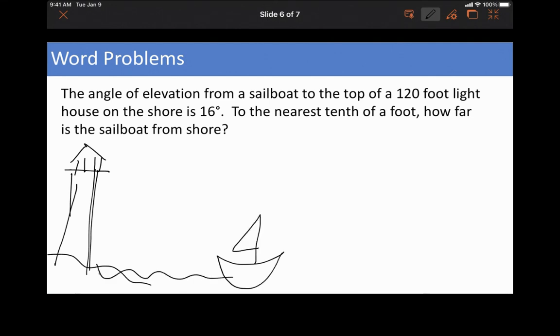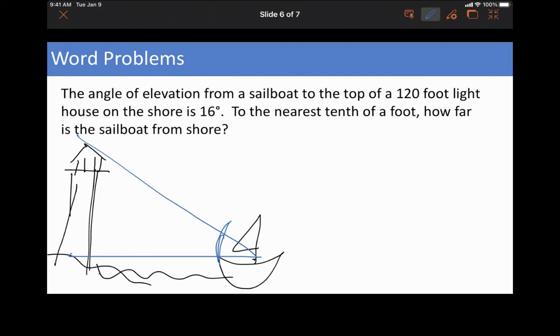water. Okay, so the angle of elevation from the sailboat. So the sailboat has a horizontal. All right, so here's the angle of elevation. From to the top of a 120-foot lighthouse.